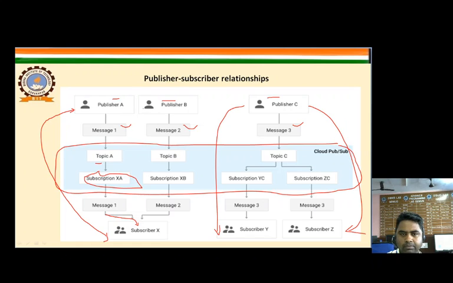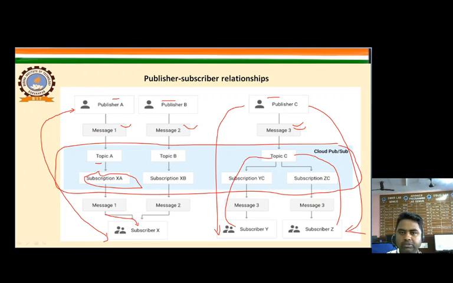Publisher A and publisher B have their own individual messages, which are passed to subscriber X. But in the case of publisher C, it has message 3, and this message has a topic named C. This topic can be shared with subscriber Y, and the same topic can be shared with subscriber Z.